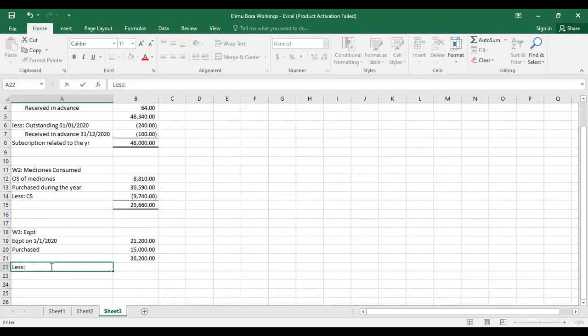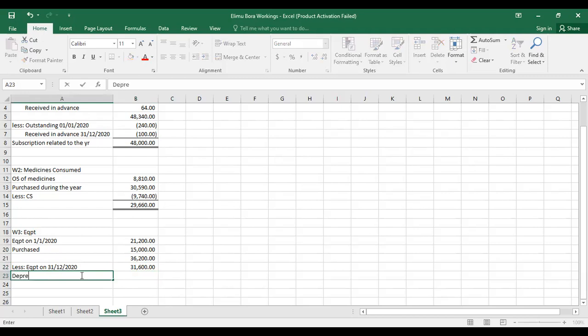the value of the equipment on 31st December. The value of the equipment on 31st December is 31,600, which means the difference will be my depreciation for the year.